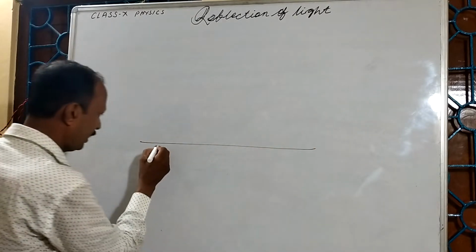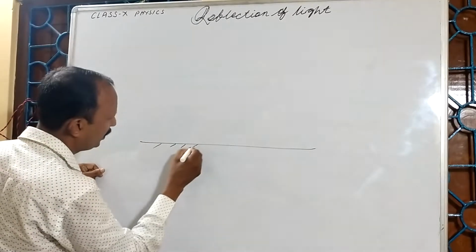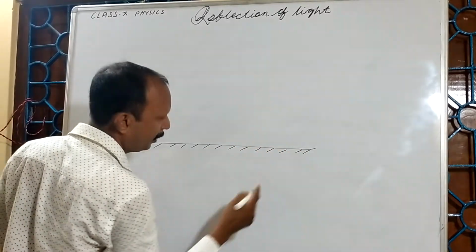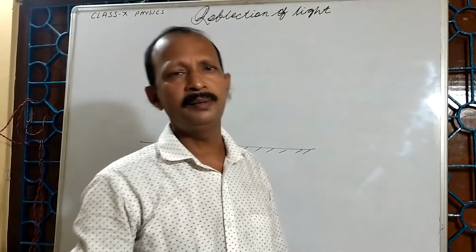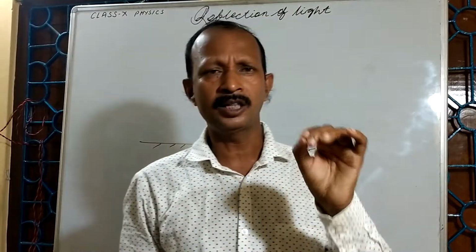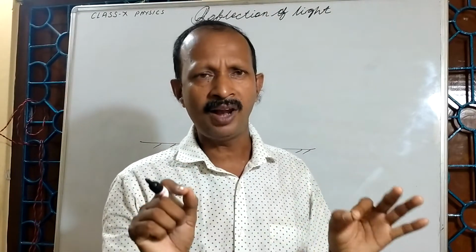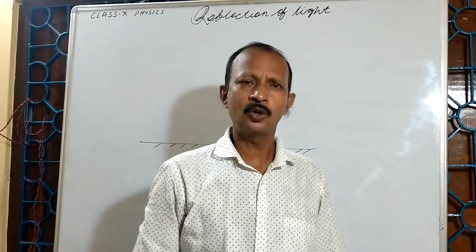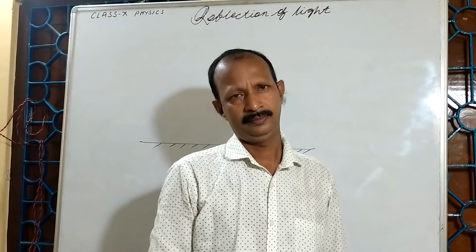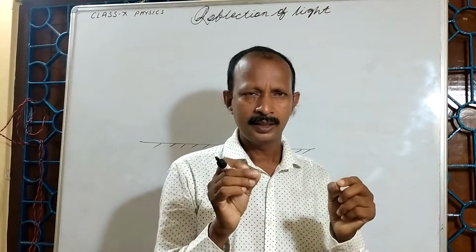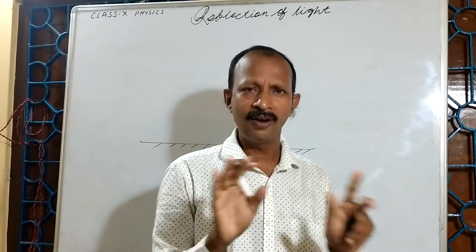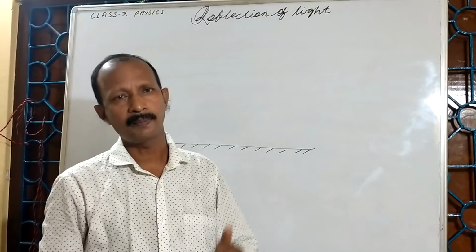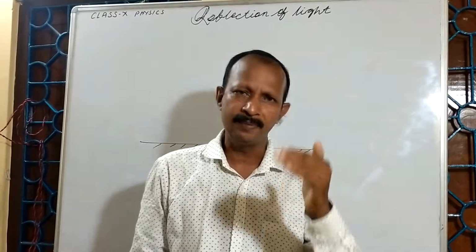See, this is the ray diagram. Actually, I am not drawing the mirror, I am drawing the ray diagram of a plane mirror. What is a plane mirror? A mirror is nothing but a thick, smooth, flat glass sheet with one surface coated with silver, because silver is the best reflecting substance.